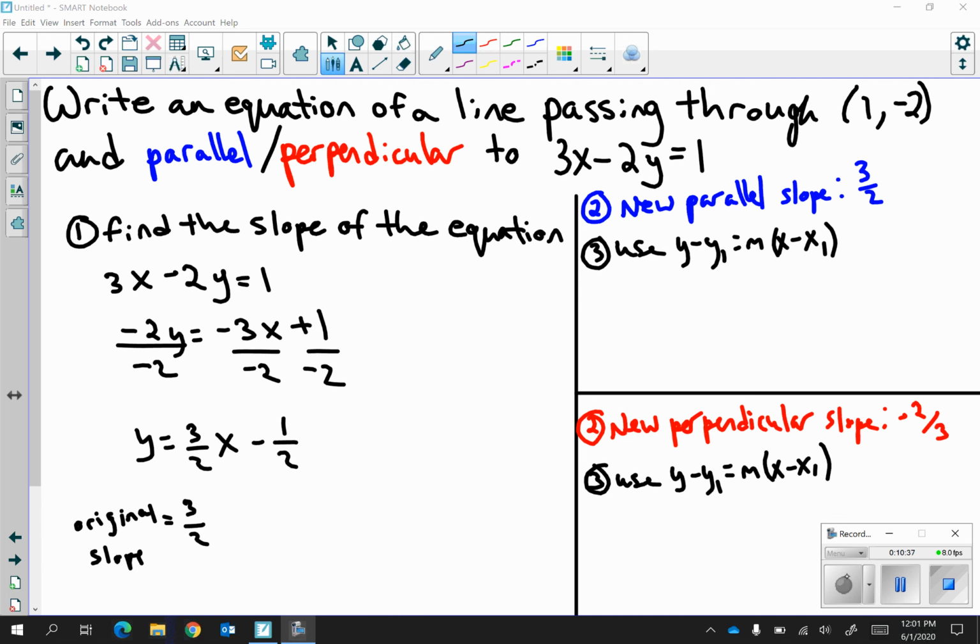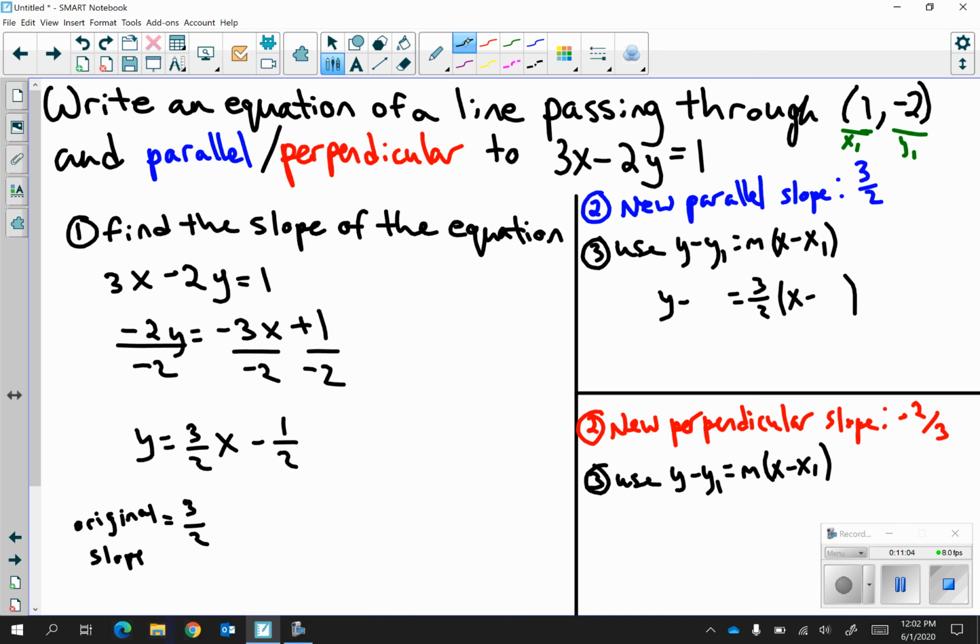So let's work with the parallel line first. We have y minus something is equal to our slope times x minus something. Now that coordinate, the something, is going to come from up here with your x1 and y1.